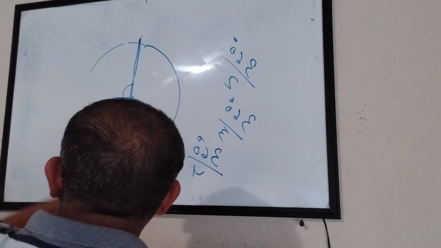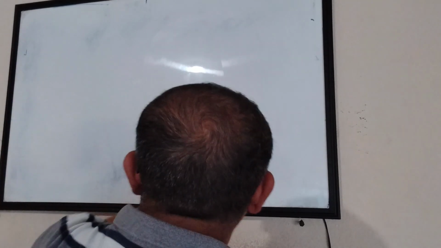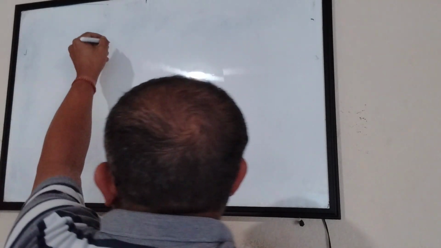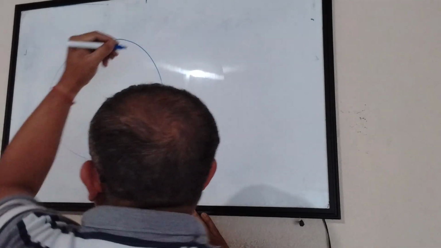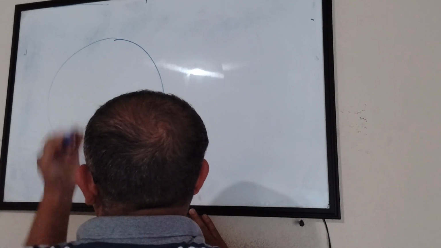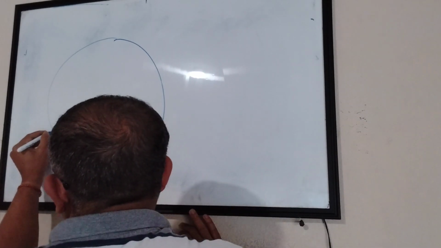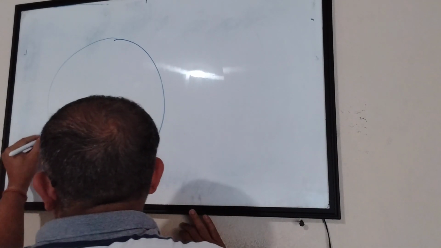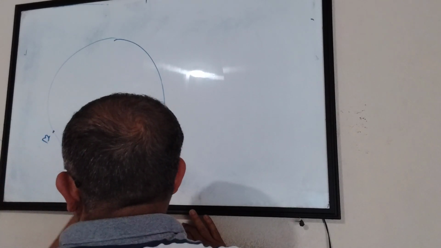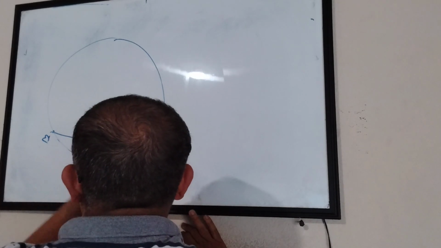Now let's learn one theorem or one interesting stuff about a circle. Okay. If I have a circle like this and I pick 2 points, A and B. This is a chord, this is my arc, and this is the center angle.